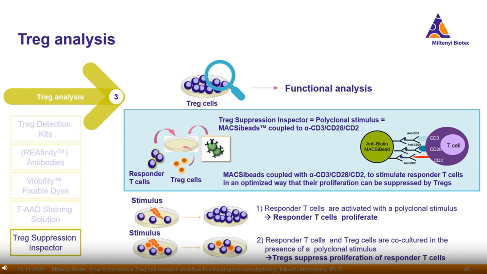As you can see here in this illustration, the responder cells got this stimulation and they expanded. But in this part, they got the stimulation, but as long as the T responder cells are co-cultured with Tregs and the Tregs are functional, they don't let the T responder cells proliferate. In this way you can analyze the functionality of your cells.